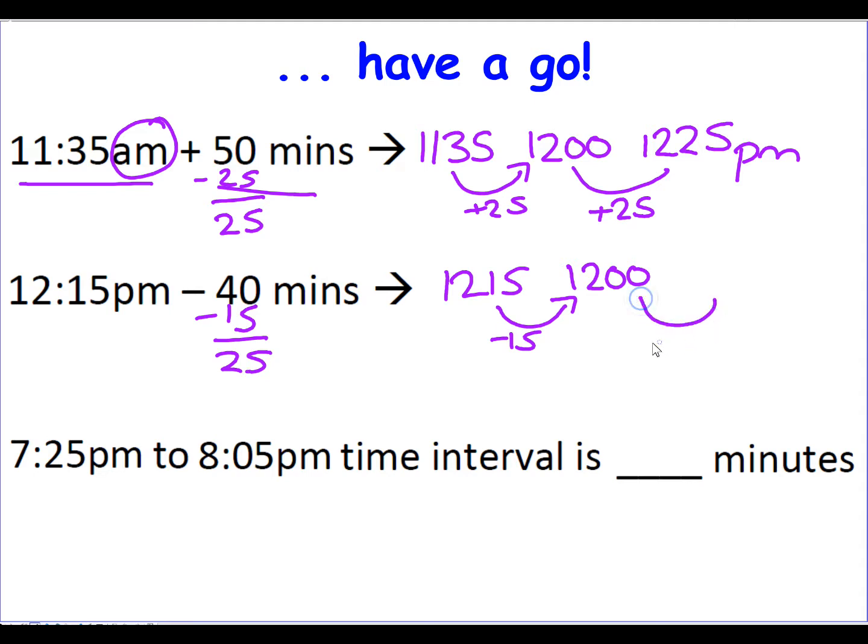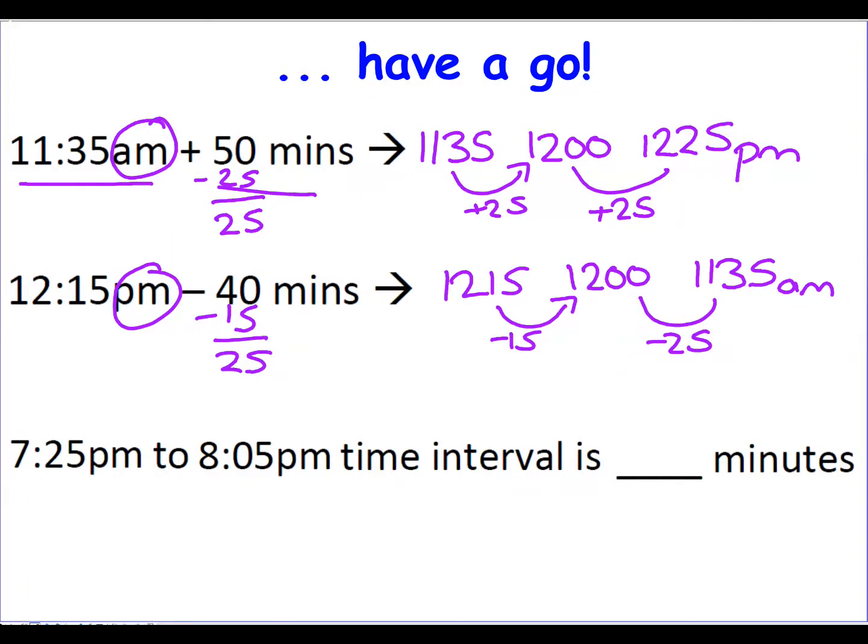So 12 o'clock, take away the 25 minutes, leaves us at 11:35. Now this is the opposite. Because we were at 12:15 in the afternoon, as soon as you go earlier than 12 in the afternoon, which is 12 p.m., then it turns back to a.m. So your answer is 11:35 a.m.